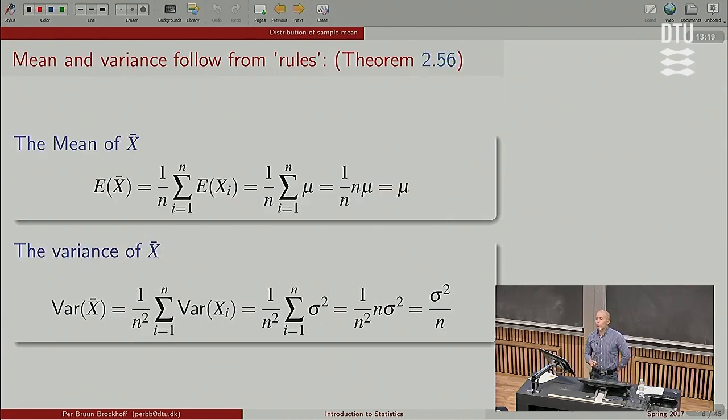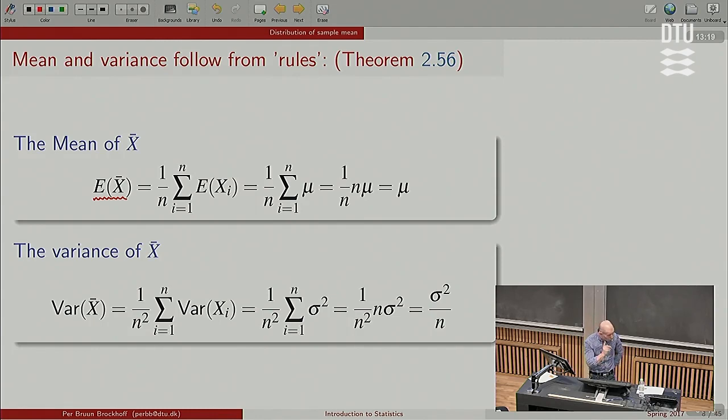And actually, we could prove those statements based on rules that Peter taught you last week. We are not going to use a lot of time on it here, but it is one of the few proofs that we do in this course. The expected value of a random average is, due to the rules, just the average of the expected values.